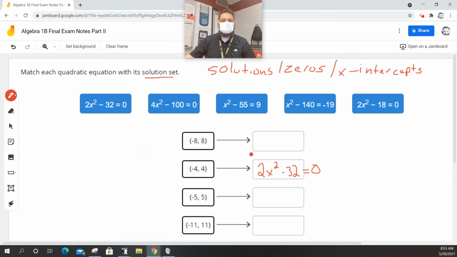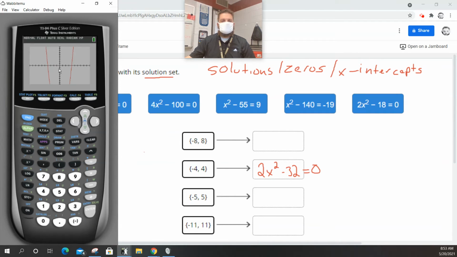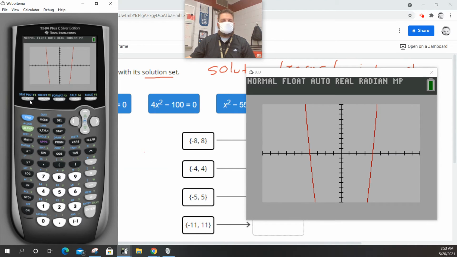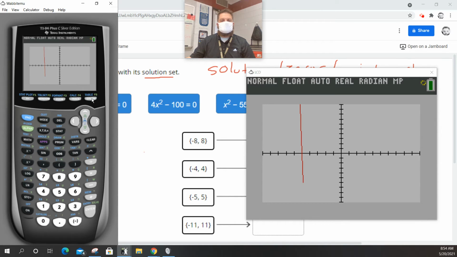Let's do the next one. The next one is 4x squared minus 100. So let's do that real quick. Y equals 4x squared minus 100. Graph that real quick. It might be 5 and -5.